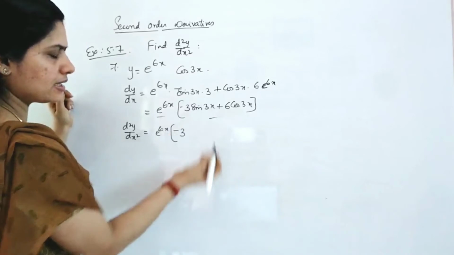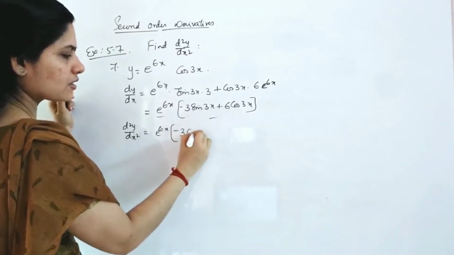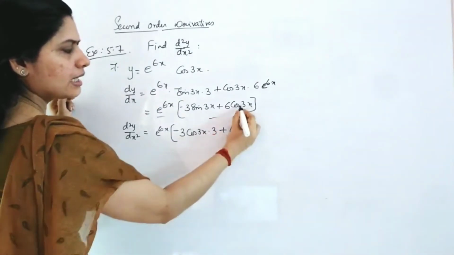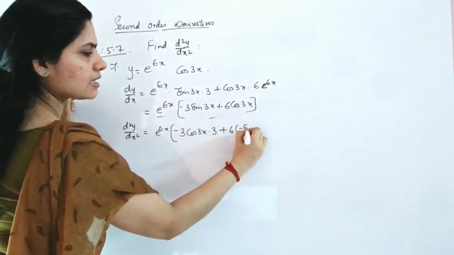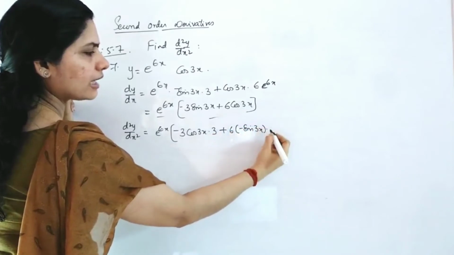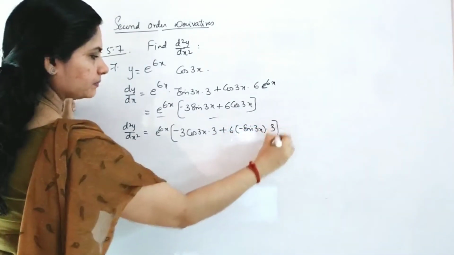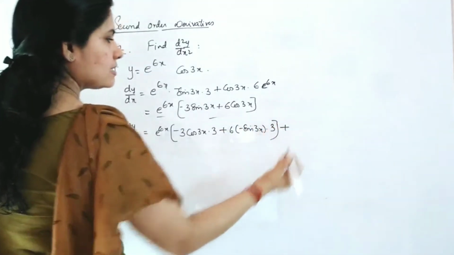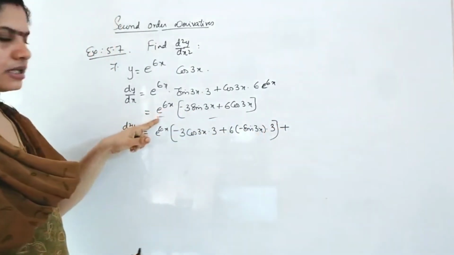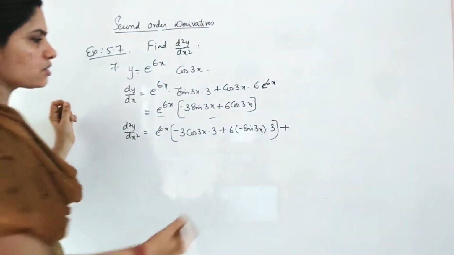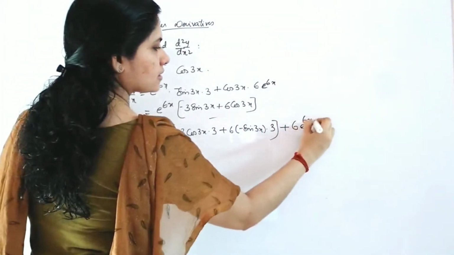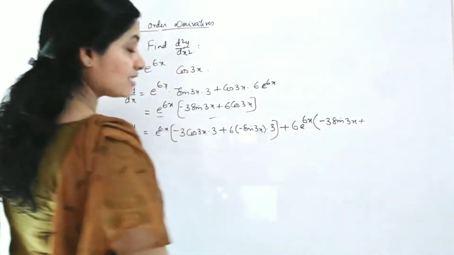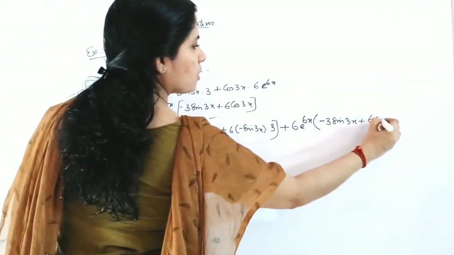Minus 3 is constant, derivative of sine 3x is cos 3x into 3, plus 6 is constant, derivative of cos is minus sine 3x into again derivative of 3x, 3. That is your first term into derivative of second plus second term into derivative of first. And what is the derivative of first? It is 6 e raised to 6x into remaining is same, minus 3 sine 3x plus 6 cos 3x.